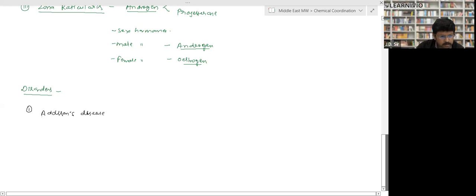Addison's disease is caused due to deficiency of mineralocorticoids and glucocorticoids. It is due to deficiency of mineralocorticoid and glucocorticoid.